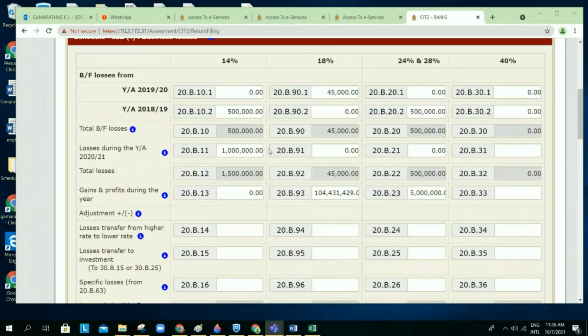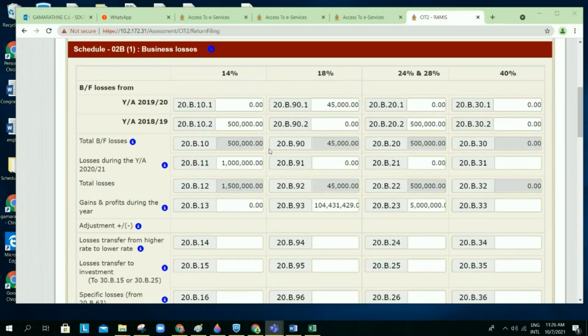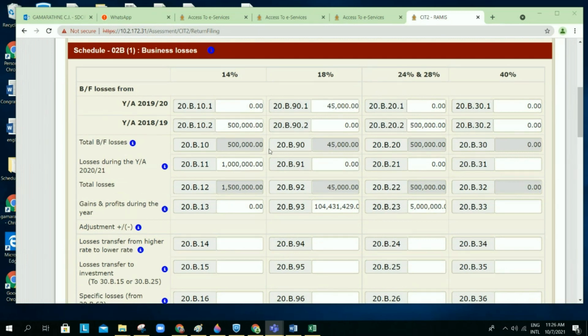Then there are act provisions available when we discuss source-wise. You know about business losses. If you have business losses, you can claim them against the investment profit, but you can't violate the rate rule.